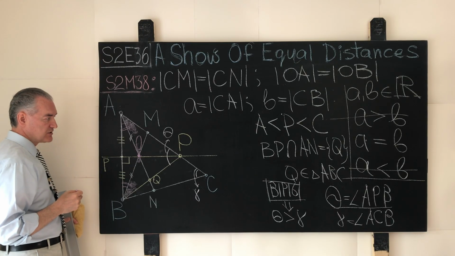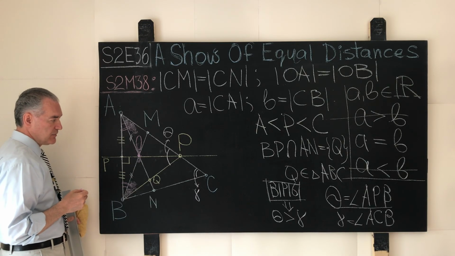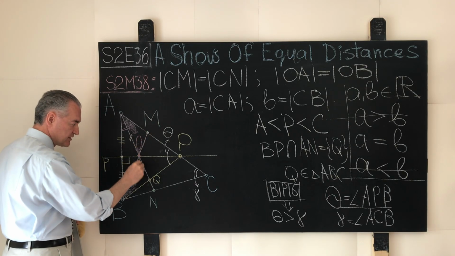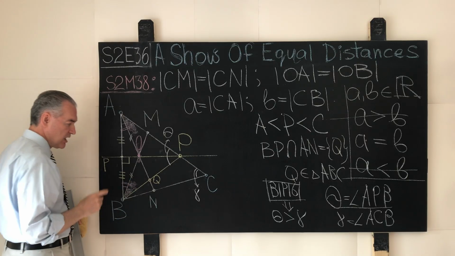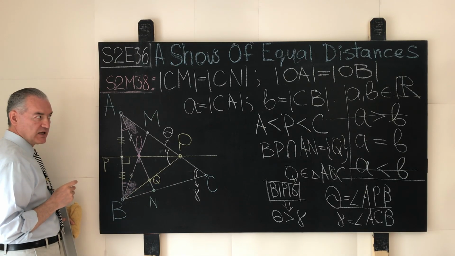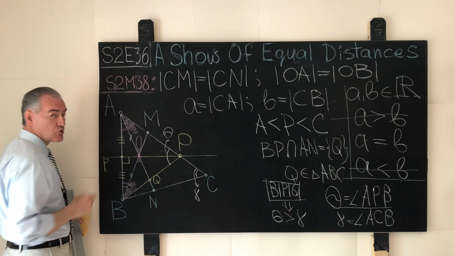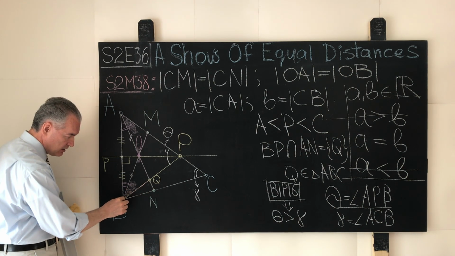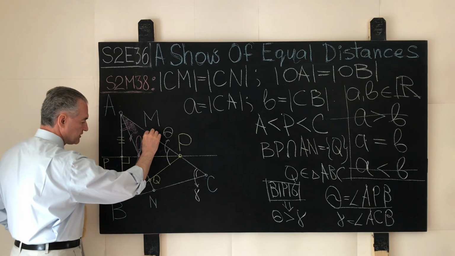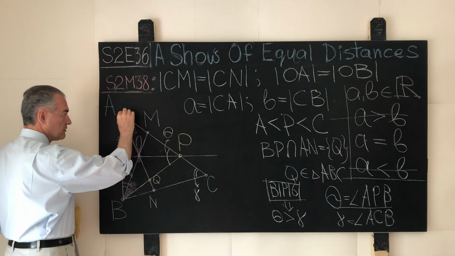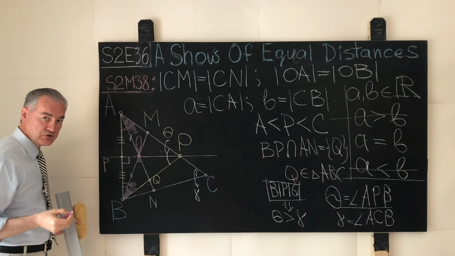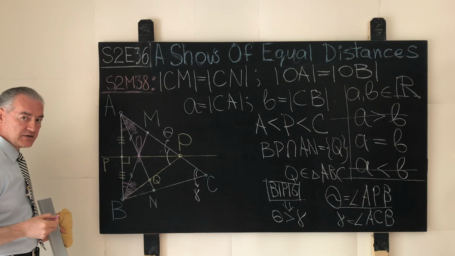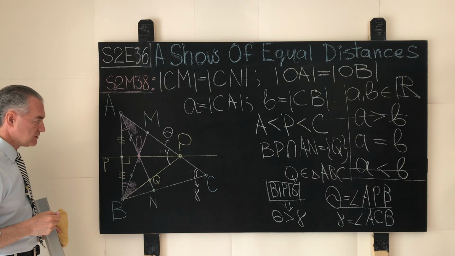And if these triangles are congruent, the length of this line segment is the same as the length of this line segment. And more importantly, for us, the length of the line segment QB is equal to the length of the line segment MA, because these triangles are congruent, and against the angles of equal magnitude there lie sides of equal length.